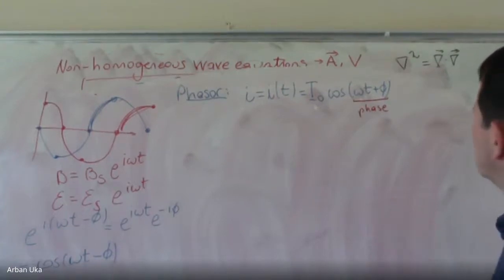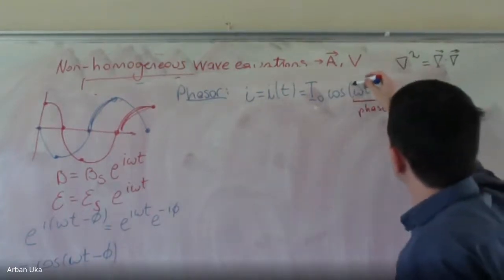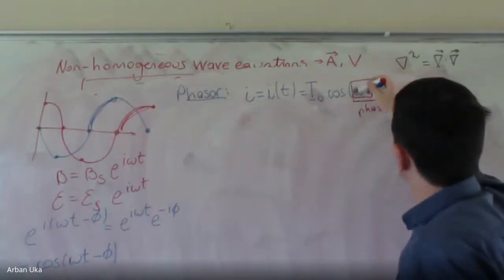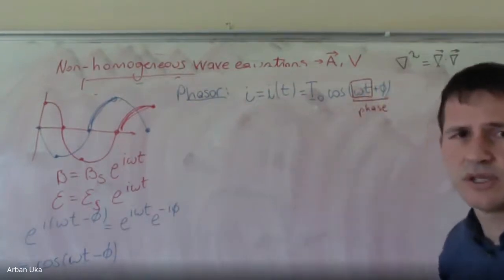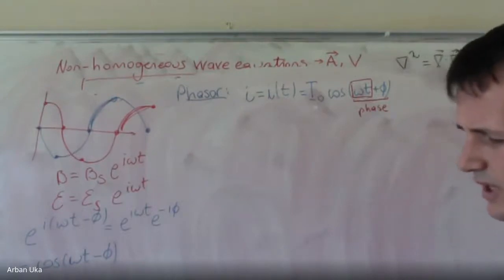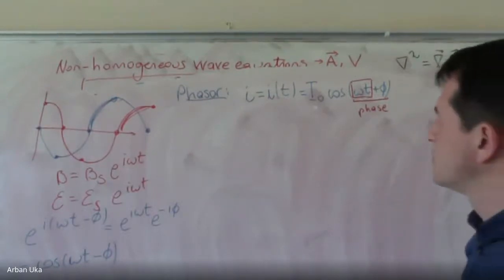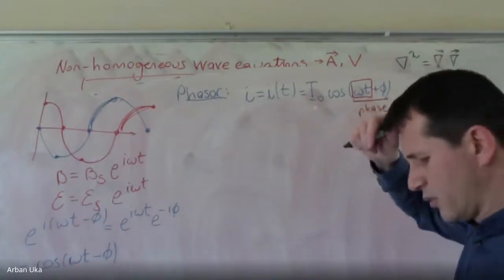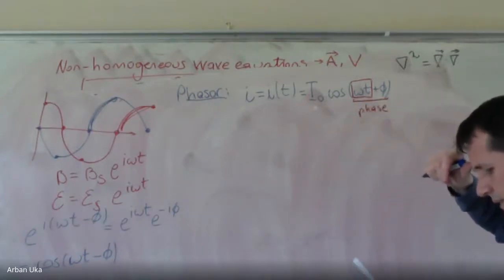Good. And what we want to do now with the phasor notation is take this out, okay? We don't want the part which is circled in red. We don't want the time, because, as we said, time flows equivalently for every quantity.